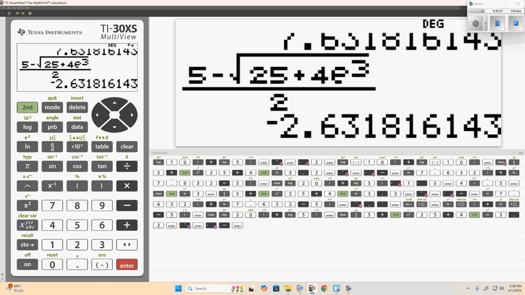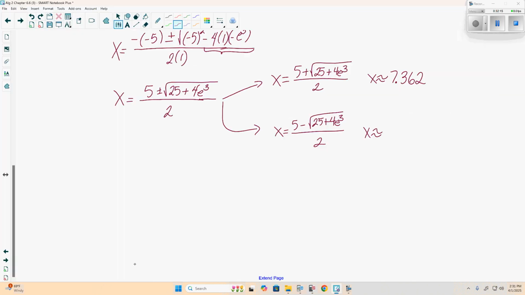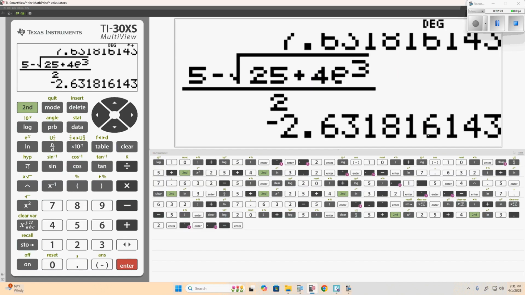That's the nice thing about the recall button. Unfortunately, the 83 plus calculators don't have that, which stinks. 84s, the graphing ones do. Negative 2.632.